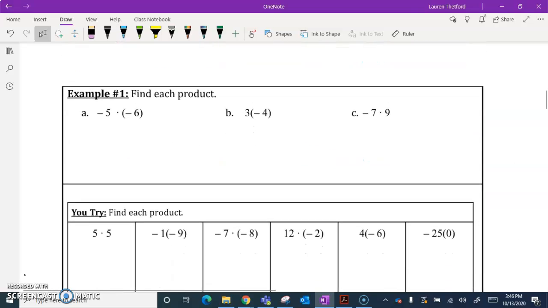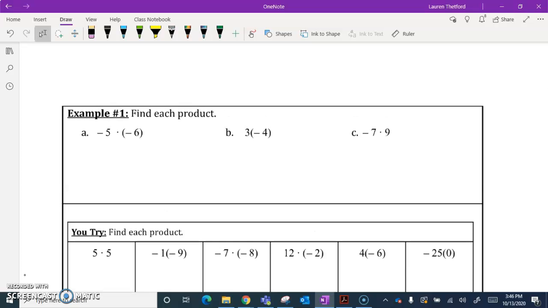All right, example 1. We're going to use those rules. I am going to write at the top here, same sign equals positive, and different sign, our answer is going to be negative.